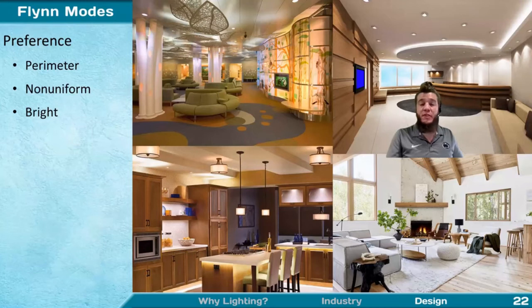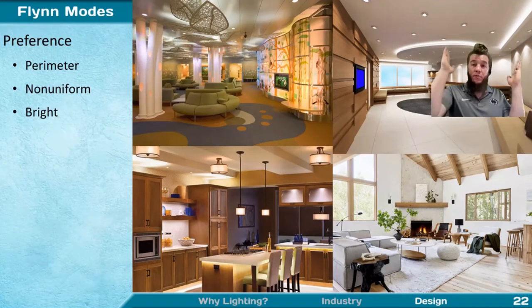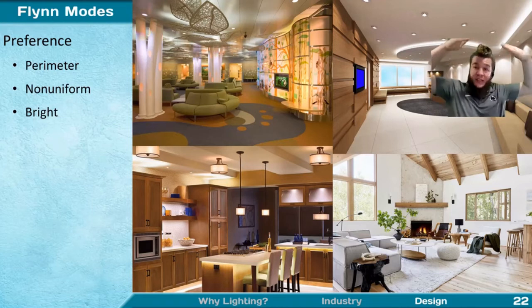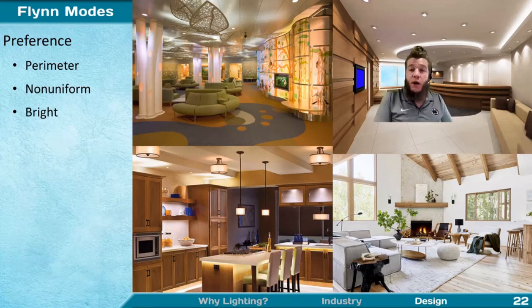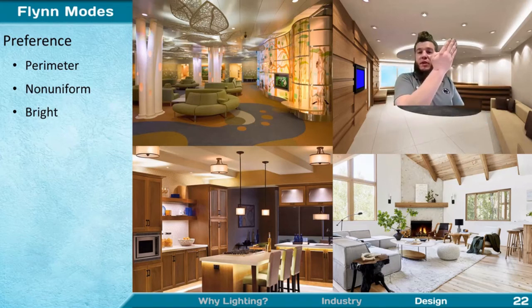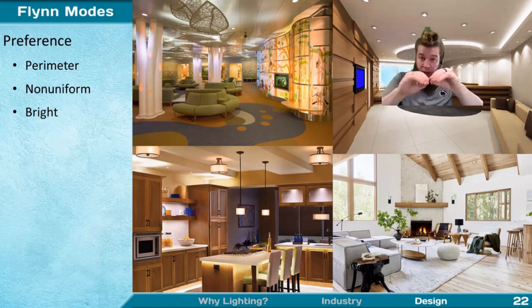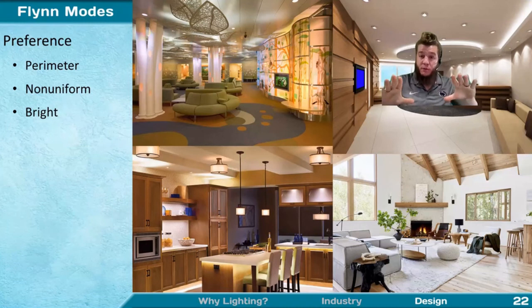So you can see the focus on the perimeter here with these downlights highlighting the walls, with the cove lighting up above me that is highlighting the ceiling. So the ceiling is a perimeter of your space, right? And so there are some of these downlights you can see above me here and here that are just putting light into the center of the space to fill it in and create that ambient glow.